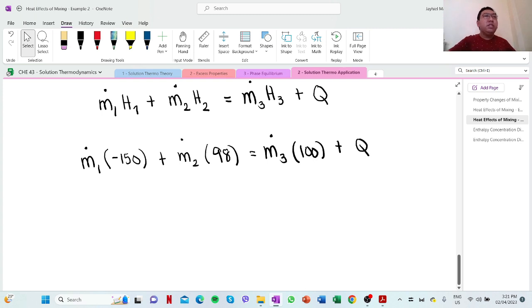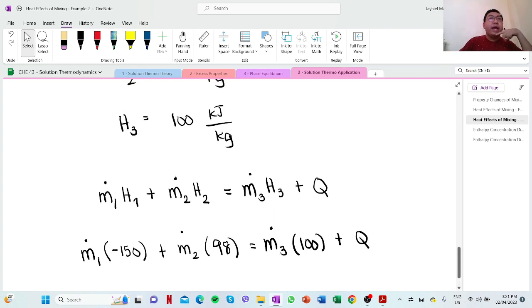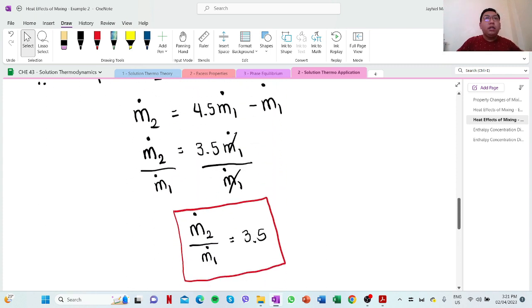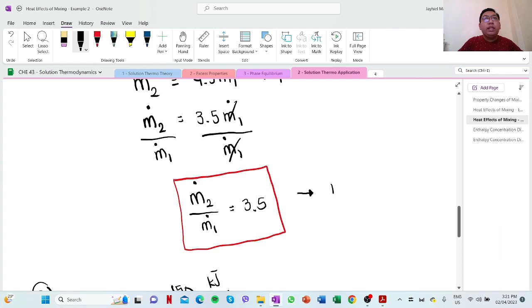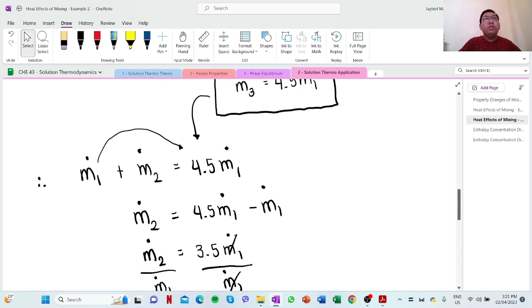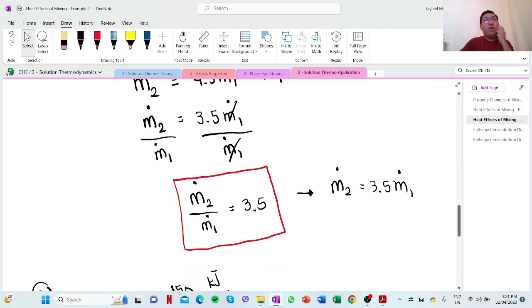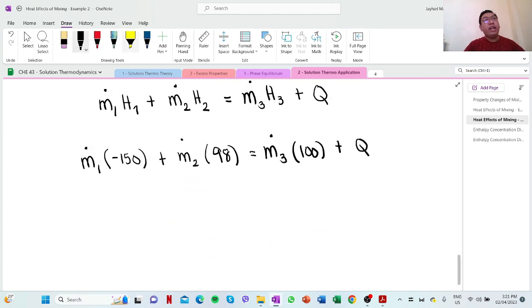Okay, next. Earlier I knew that M2 dot is equal to 3.5 M1 dot. And I also discovered earlier that M3 dot is equal to 4.5 M1. So I will substitute those values.